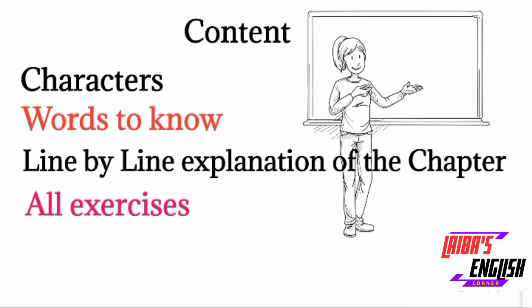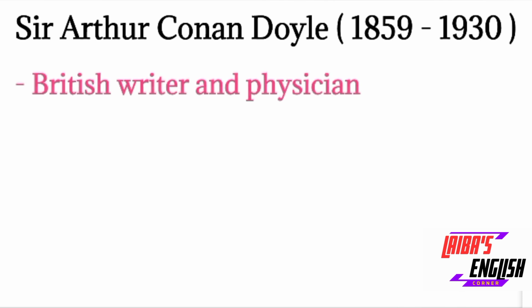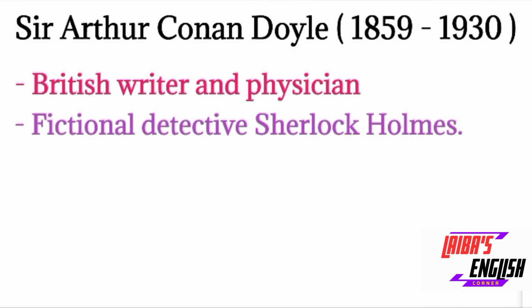Our first thing which we are going to discuss is the introduction of the author. Sir Arthur Conan Doyle, 1859 to 1930, was a British writer and a physician. He was most noted for creating fictional detective Sherlock Holmes and writing stories about him, which are generally considered milestones in the field of crime fiction.